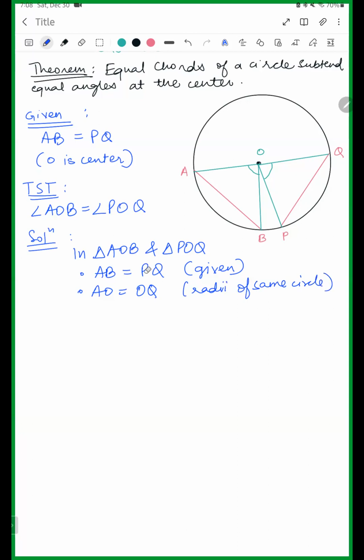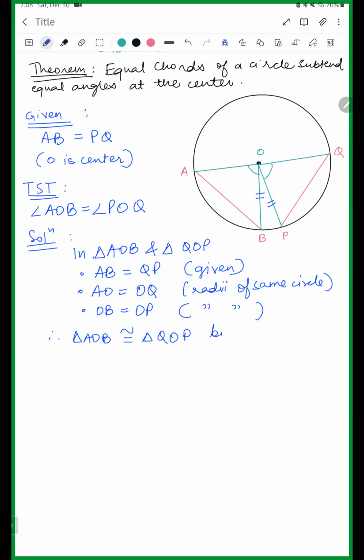And then similarly, the other side as well, this one. OB is equal to OP, radii of the same circle. Therefore, triangle AOB is congruent to triangle POQ. I think you should say QOP in this case.